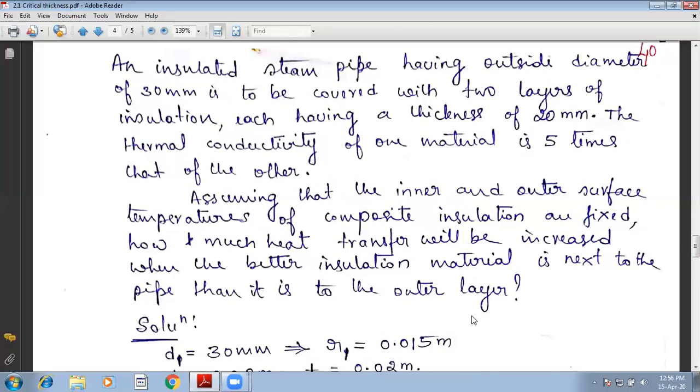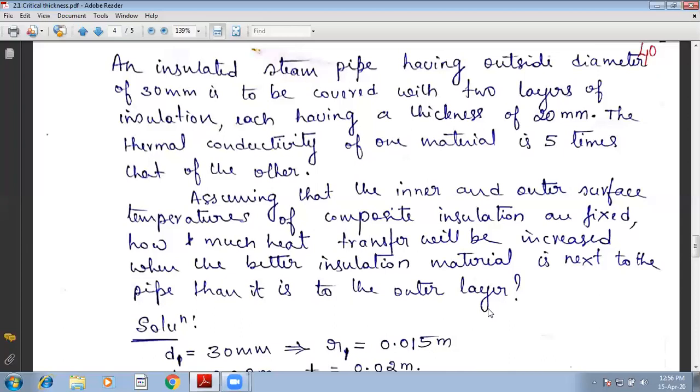It means that if the better insulating material, it may be Ka or Kb, is wrapped very next to the pipe and then the other material, this is the first case. In the second case, the better insulating material is placed above the inferior insulating material. So you have two cases.